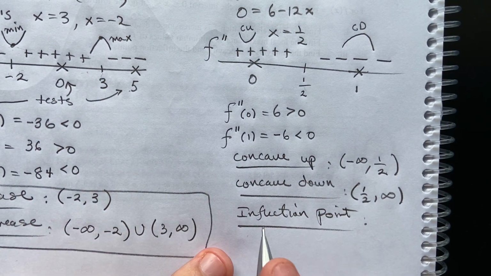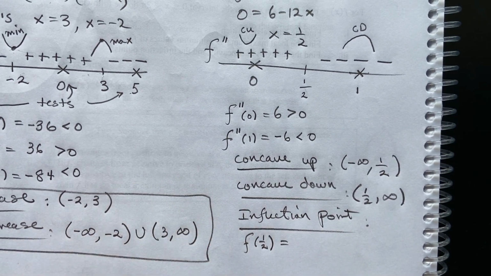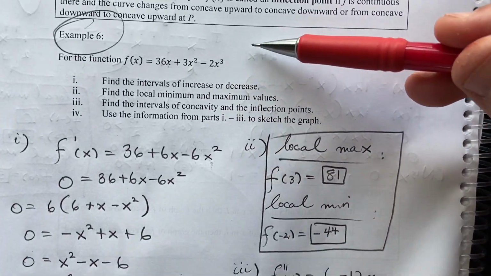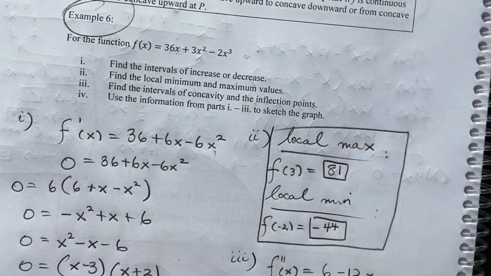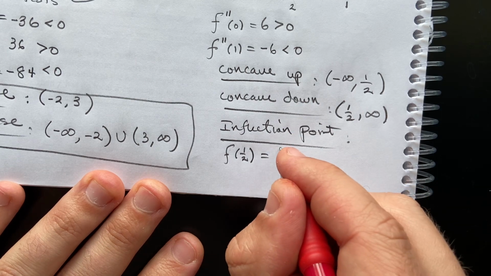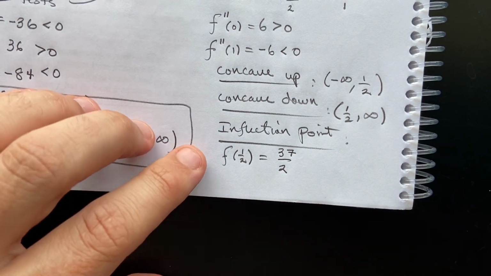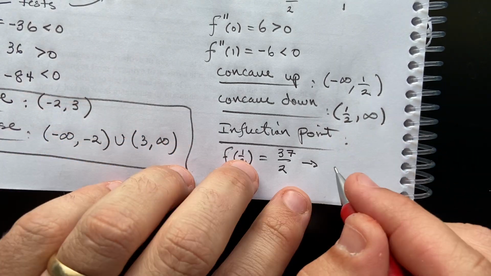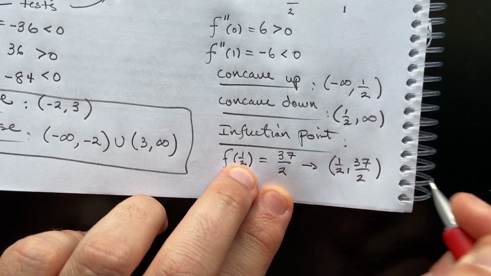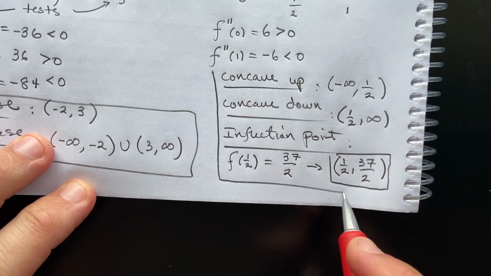So I'll have f of 1/2. So plug in 1/2 to the original function way up here. And I believe what you get out is 37/2. So the inflection point is a point. So we would have 1/2 and 37/2. So this is my part 3.